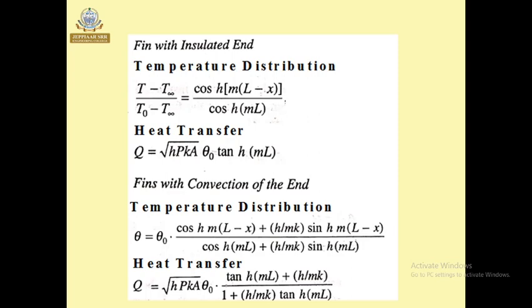The third kind of fin is convection at the end, where the temperature distribution is expressed by theta by theta naught equal to [cosh m(L minus x) plus h by mK sinh m(L minus x)] divided by [cosh mL plus h by mK sinh mL]. And the heat transfer Q equals square root of hPKA theta naught times [tanh mL plus h by mK] divided by [1 plus h by mK tanh mL].